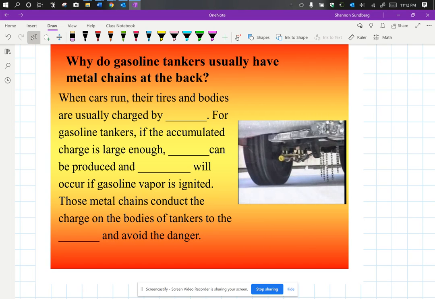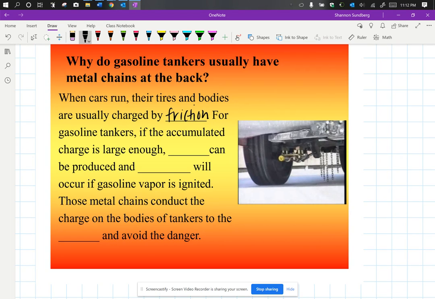It says, when cars run, their tires and bodies are usually charged by friction. Because think about it, your tires are rubbing on the ground, and that's charging by friction. And you can charge up an insulator, right? I was able to charge up that balloon with the rabbit fur.